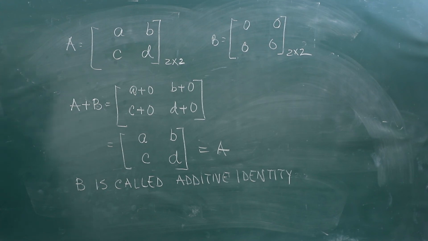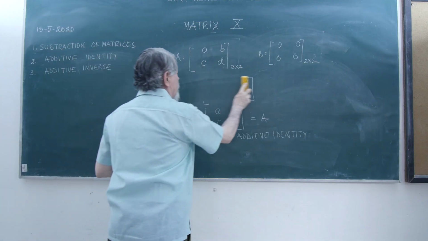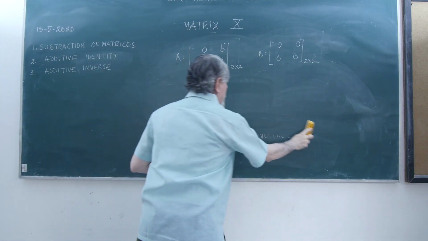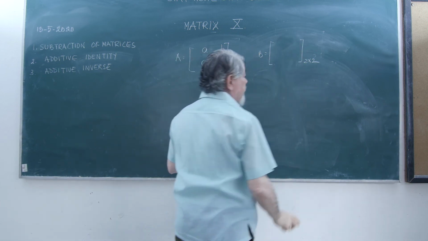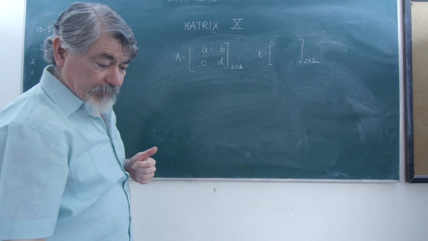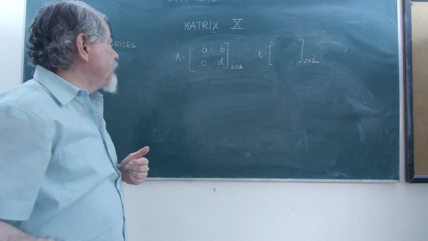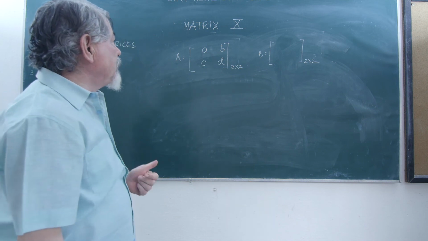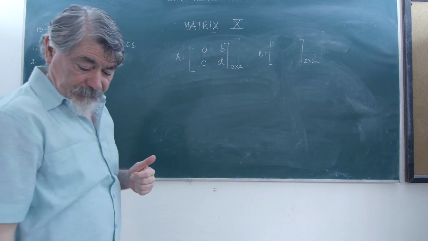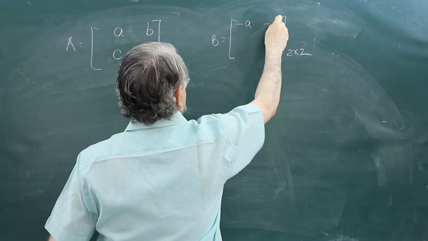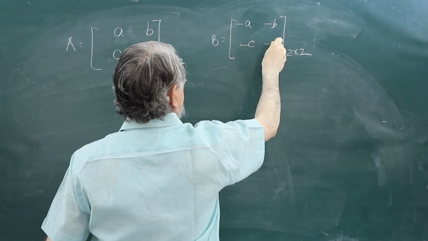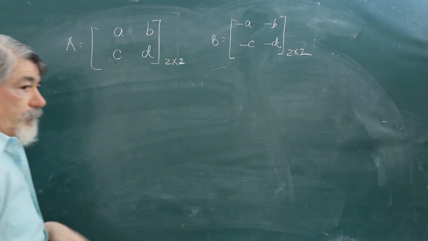Now let us see additive inverse. What is additive inverse? Let me take the same example, that is A is a, b, c, d, and let me take B to be minus a, minus b, minus c and minus d.